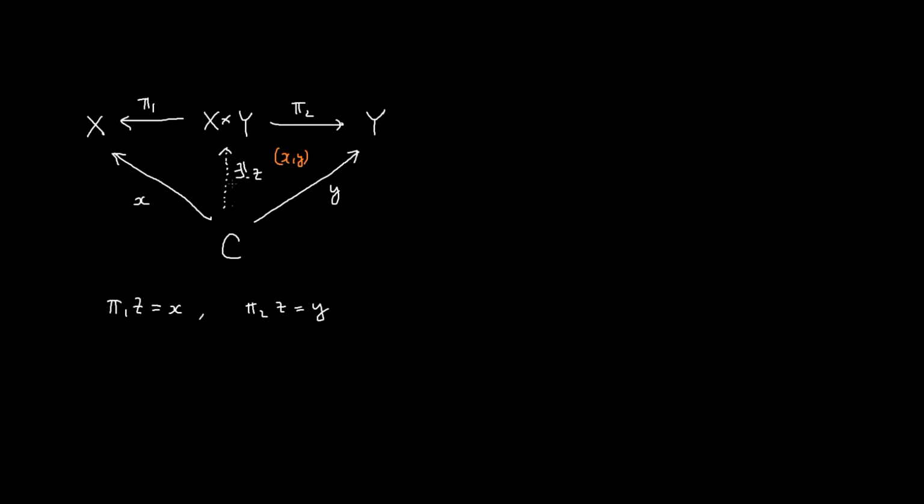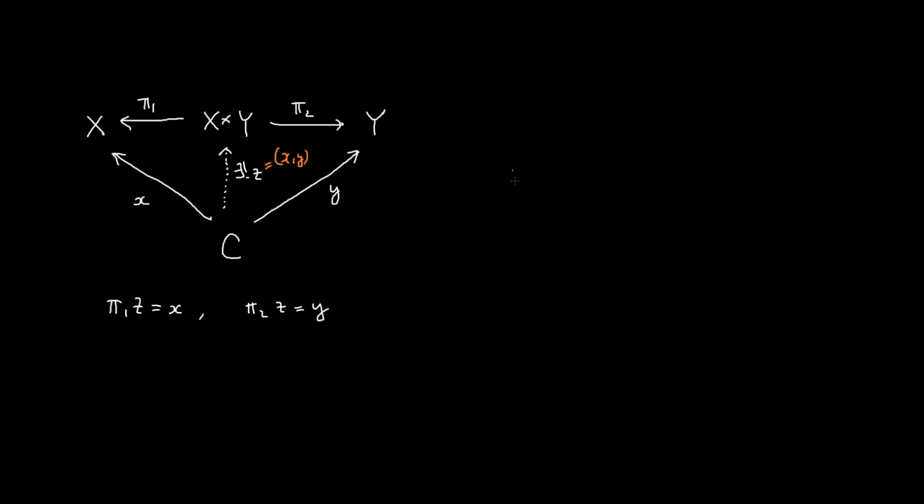Because since I'm saying z is unique, I can write this as the pair (x, y). In fact, that's how I write this unique z in the notion of a product. So I'm basically saying that the generalized elements of the product are pairs of generalized elements of each component, which means that as a generalized set, this is the Cartesian product of the sets X and Y.